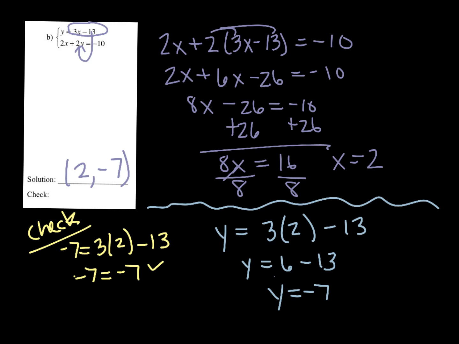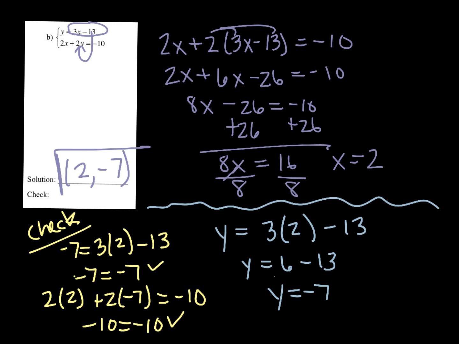And if we plug it into the second one, 2 times 2 plus 2 times -7, does that equal -10? Well, 2 times 2 is 4. 2 times -7 is -14. So -14 plus 4 will give us -10 equaling -10. So that is our solution.